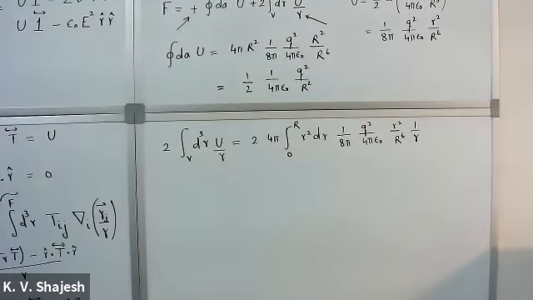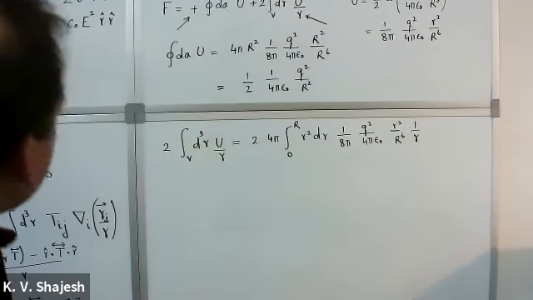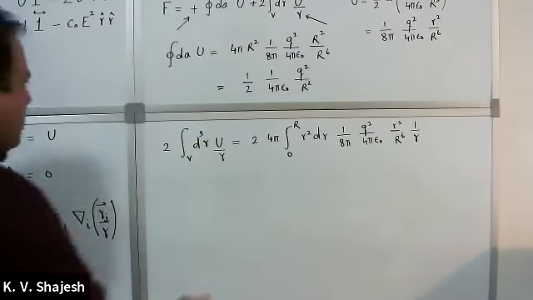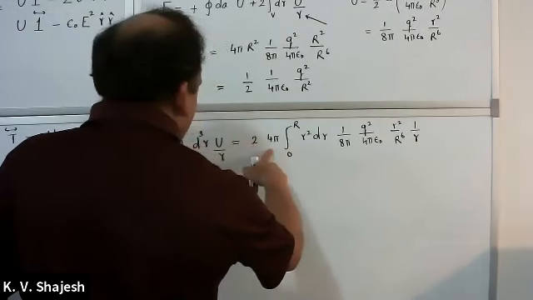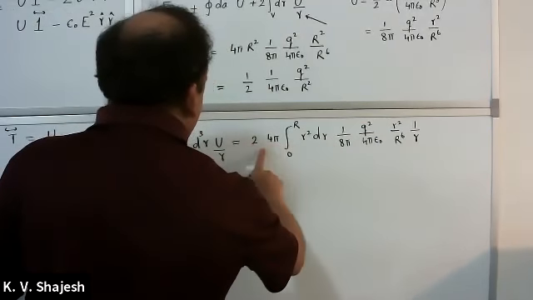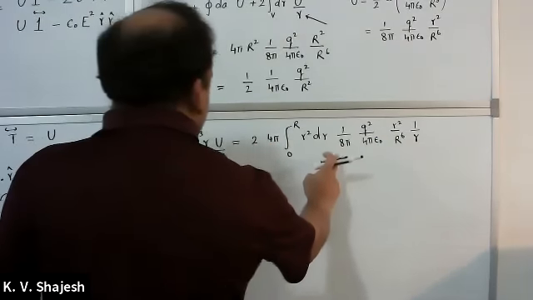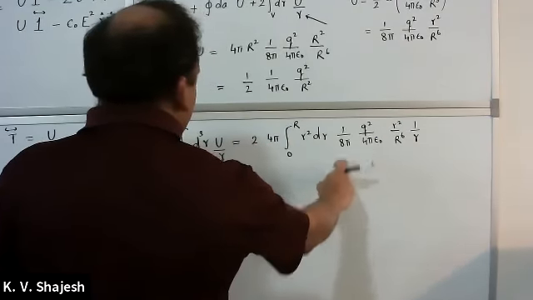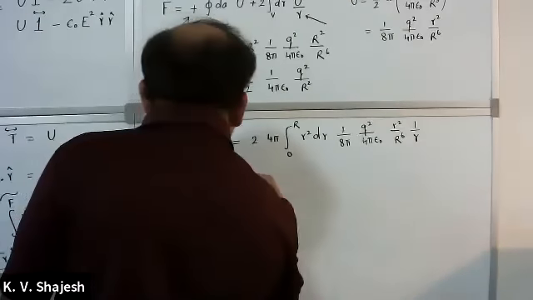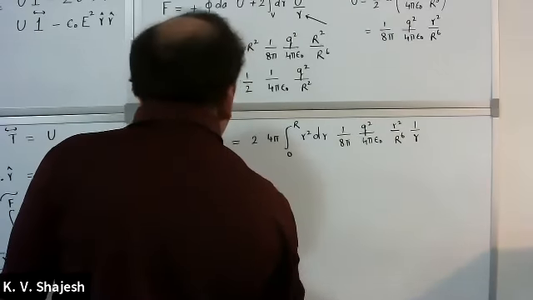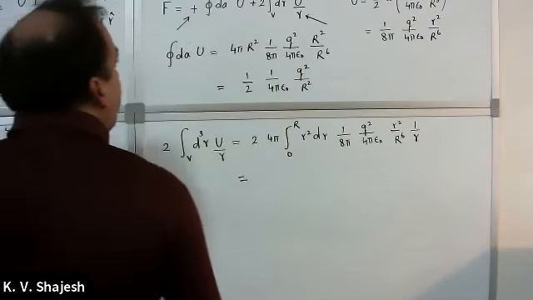So let's get the correct number of r's. So 8 pi and 8 pi cancels out. So 4 pi into 2. This is 8 pi. So that goes away.